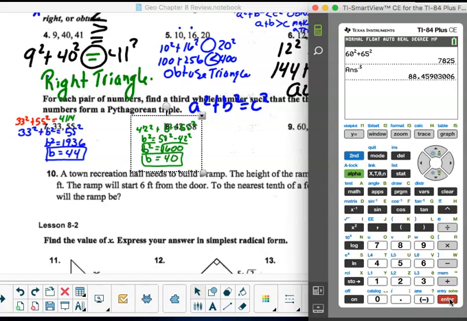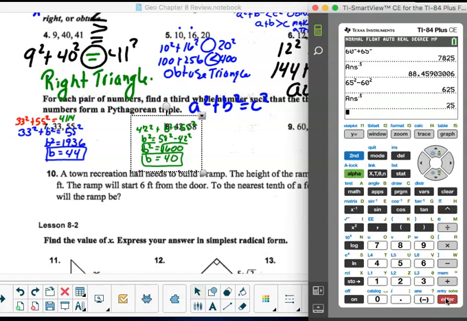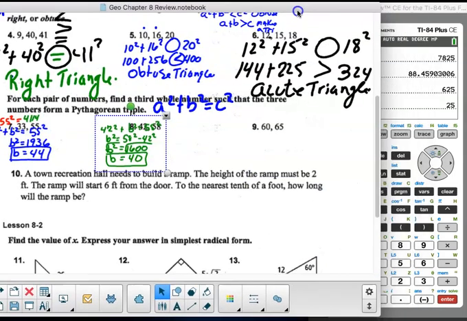So now I'm going to go 65 squared minus 60 squared. Okay, so that's 625, and I take the square root, and that's 25. All right, so let's talk about what I did.